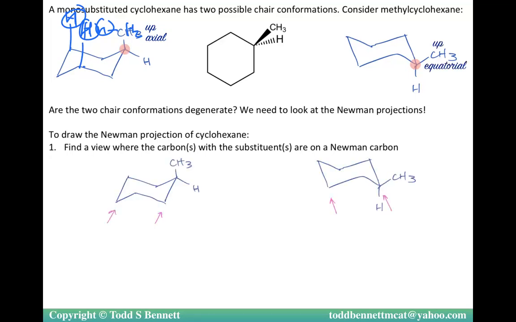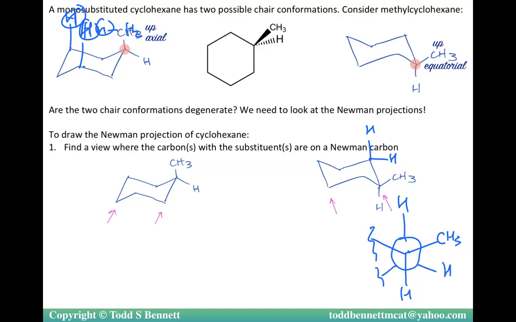Okay, so within this, what we're saying is you want to look down this carbon-carbon bond and this carbon-carbon bond, this one and this one, to make a decision of where things are. And what you'll notice, if I focus on this one right here, then I'm just going to draw this Newman projection side here: CH3, H, and then the rest of the ring, the H, and the rest of the ring.